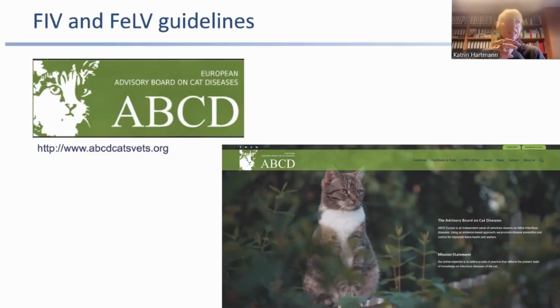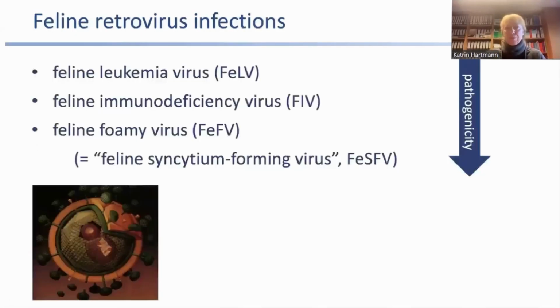We have more than 60 guidelines on our website, and you can download them. They're all there, all in English. We also have fact sheets, very short summaries on all these diseases. So please visit our homepage and download detailed information on all infectious diseases. I think it's really helpful. We try to keep them up to date all the time.